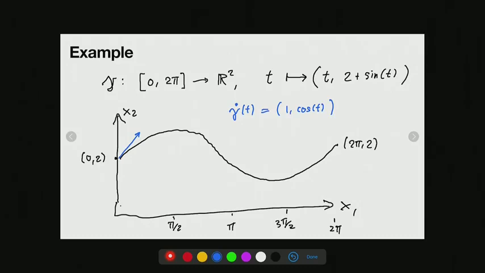What is the tangent vector here? Someone has a suggestion? It's very simple. Yeah, (1, 1). You see, it goes in the x1 and the x2 direction. Then we reach this plateau. And indeed, the vector now is (1, 0).